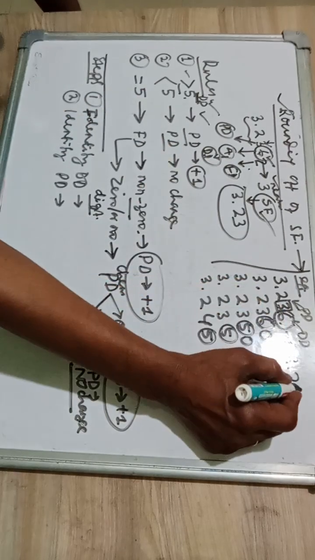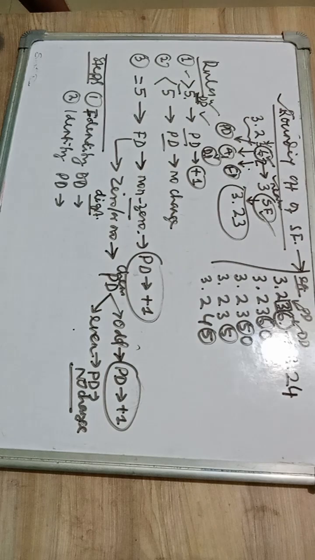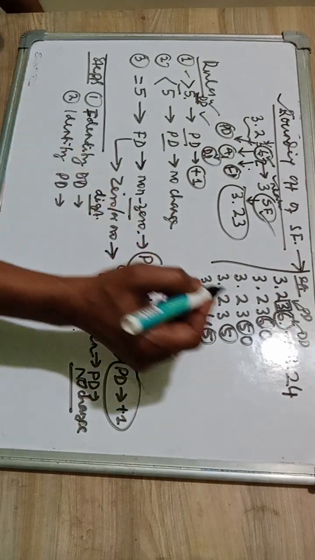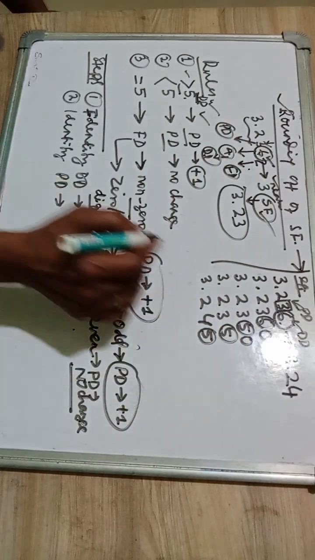It was 3, it will become 4. The answer becomes 3.24.